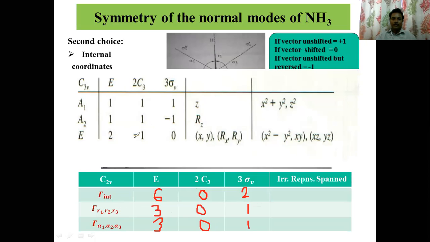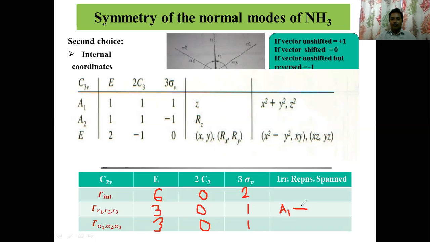Now how can we do this? Look here. If I add A1 and E, that is 1 plus 2, 3. So that's going to be 3. Then 1 minus 1, that is going to be 0, and then 1 plus 0, that is going to be 1.